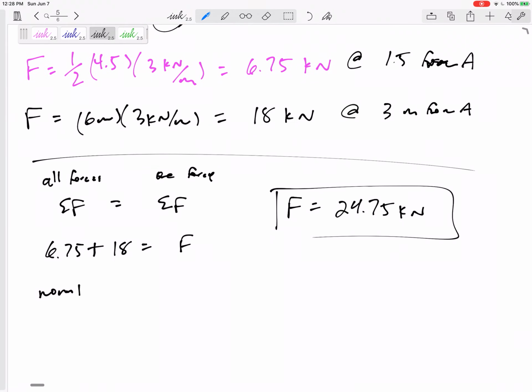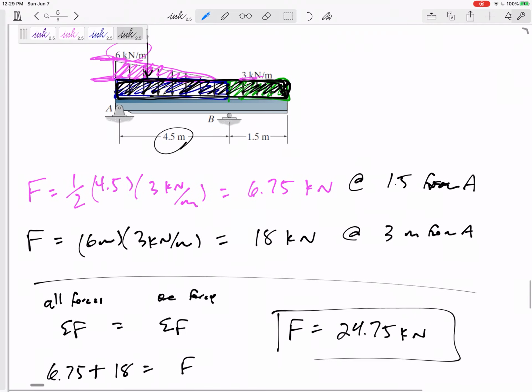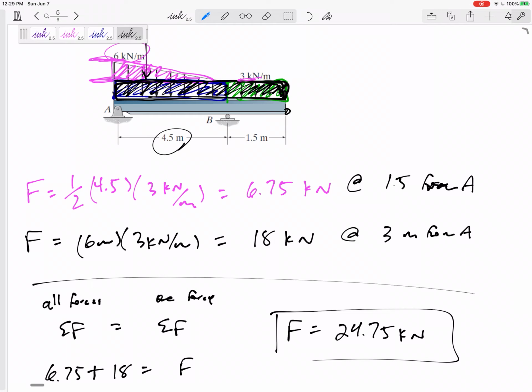Well, the moment of all of those forces would be equal to the 1 force moment. I could consider the moment about A, the moment about B, the moment about C, any point.